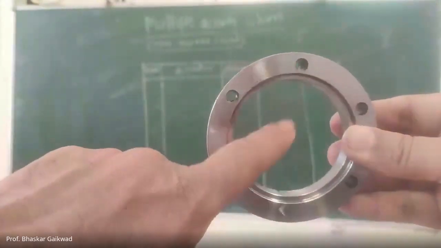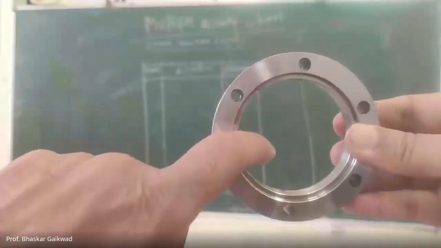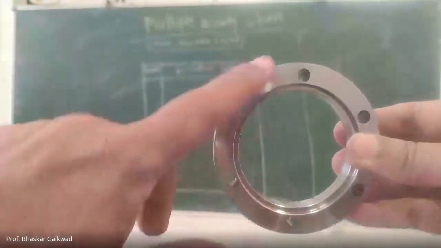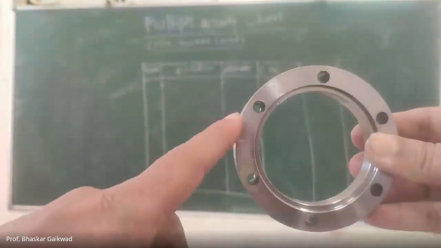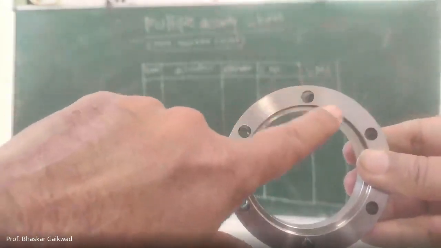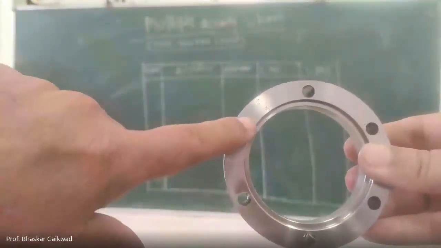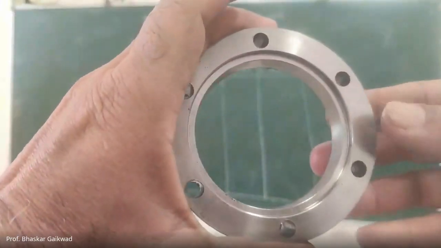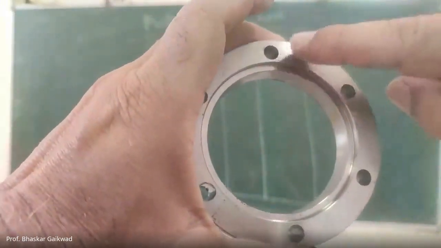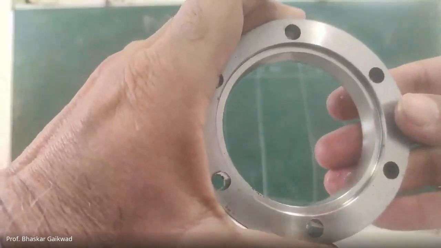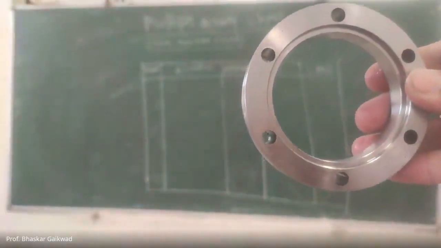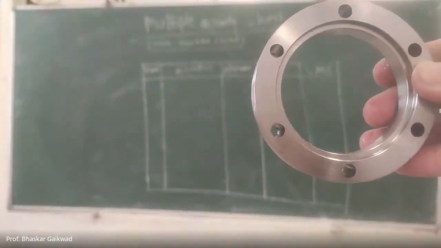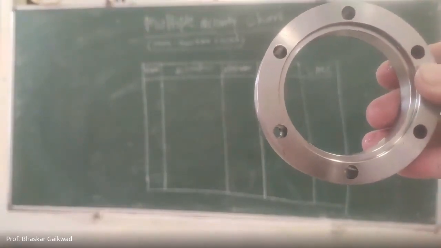This part, boring, step turning, facing, and the turning, and these holes are drilled by the VMC machine having 82 PCD and 7 mm. So PCD is 82, the pitch circle diameter of these holes is 82, and the diameter of the hole is 7.